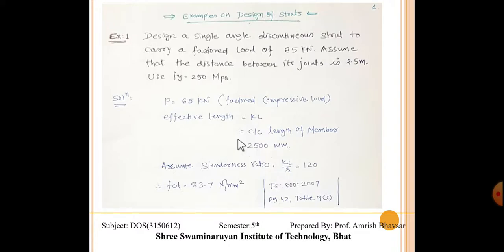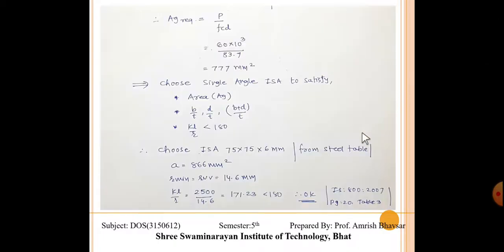Now FCD. Using this KL upon R from page number 42 in IS 800 2007, we can find out the FCD. That FCD is equal to 83.7 Newton per mm square, because page 42 is for the C class and our single angle lies in C class.